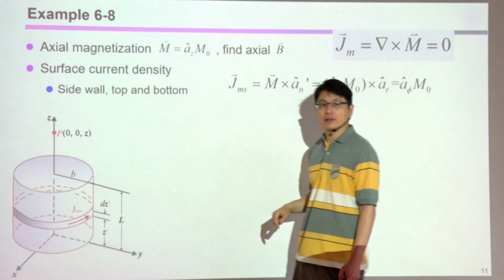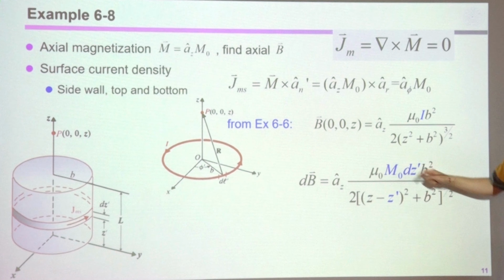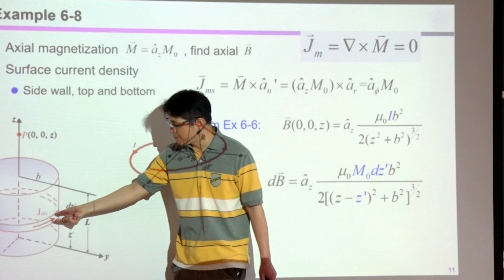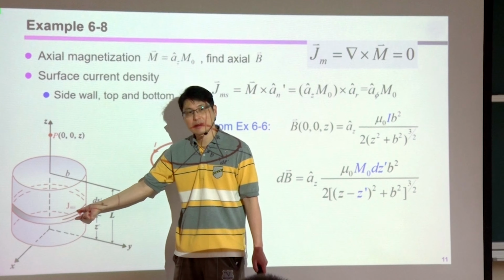So now the situation is we have lots and lots of these current conducting loops, but each one having a different distance to my observation point. So all I have to do is for each equivalent current conducting loop, I have this much amount of current, M0 times dz prime. That is the current conducted by this differential loop.